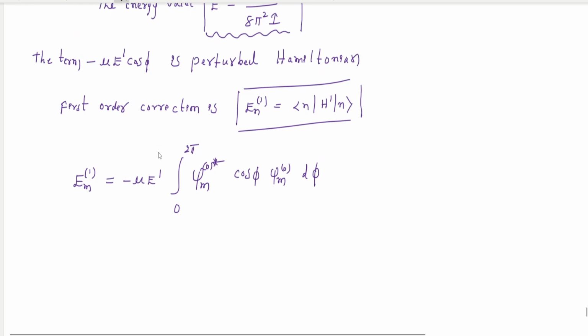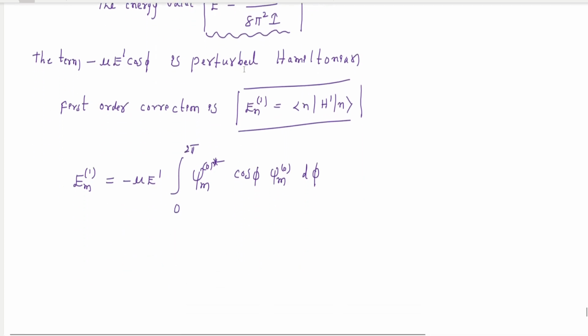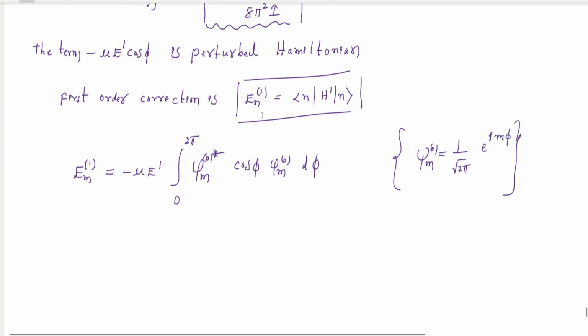So we already know the solution of this equation, right? See here, psi m power 0 equals 1 divided by, this is not m, pi. Okay, 1 divided by root pi is the normalization constant. If I use the normalization solution, this is the solution, equal to 1 divided by root 2 pi e power i m phi.